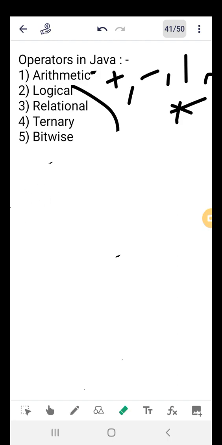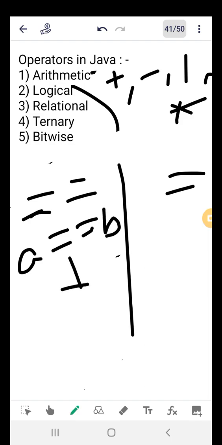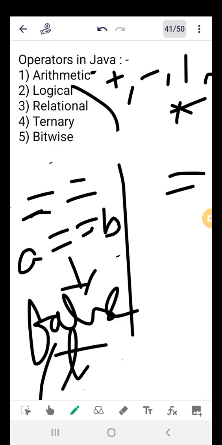Equal is a little different. Equal is different from equals. Those two are different. Equal is a relational operator, it will check the relation. For example, if I write a equal b, it will check whether a is equal to b or not. The output will be either false or true.